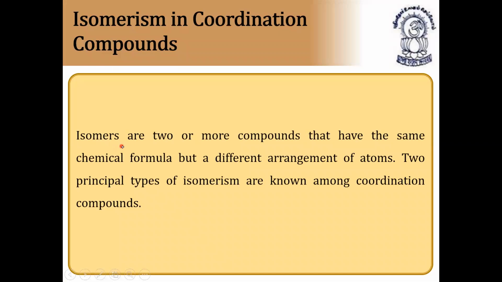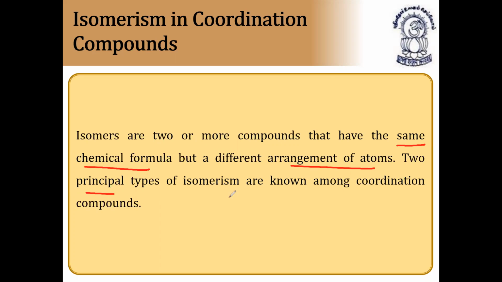The compounds having the same molecular formula but different structural formula are called isomers, and the property is called isomerism. So isomers are two or more compounds that have the same chemical formula, that is, molecular formula, but a different arrangement of atoms.